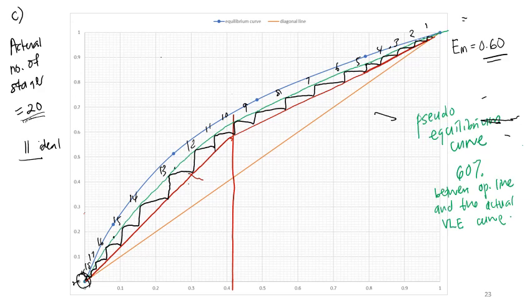So this will give you the answer to part C. So for part D, the overall efficiency, EO, is number of ideal divided by number of actual. 11 over 20 will give you 0.55. So overall efficiency is 0.55 for this system.